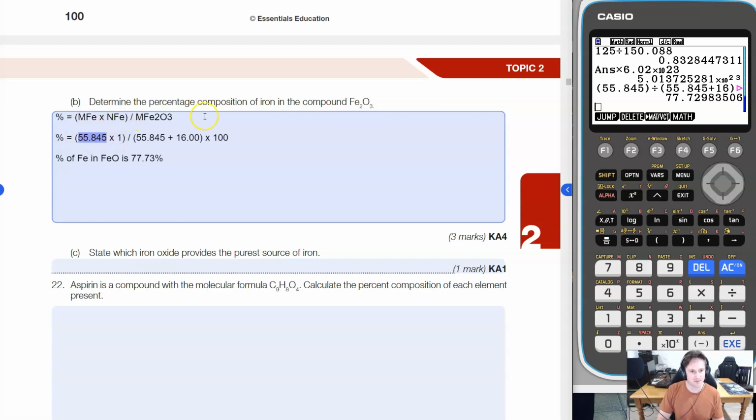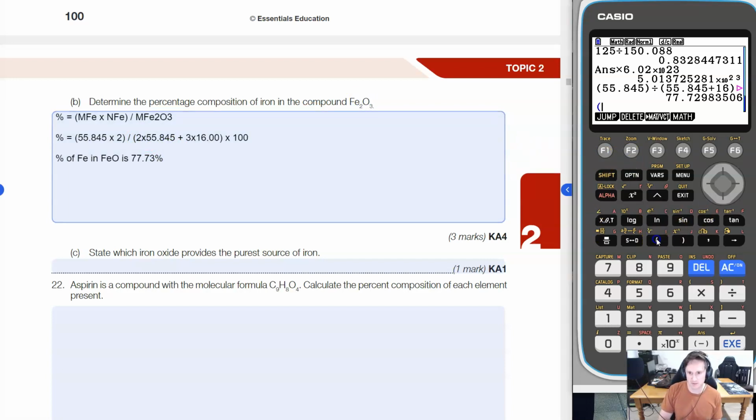The number of atoms of iron in this one is now 2 because it's Fe2. So I'll change that to 2. Now here, the percentage composition is going to be 2 times this plus 3 times this, because we've got 2 irons and 3 oxygens in here.